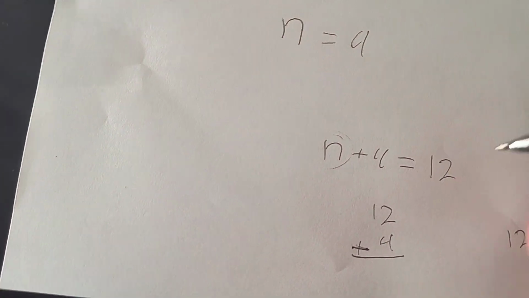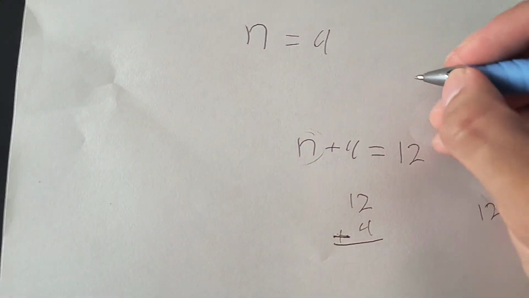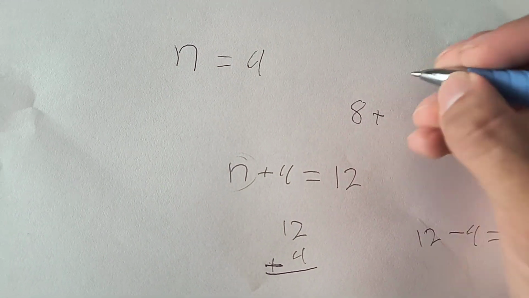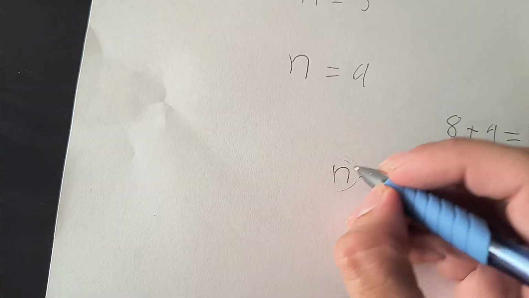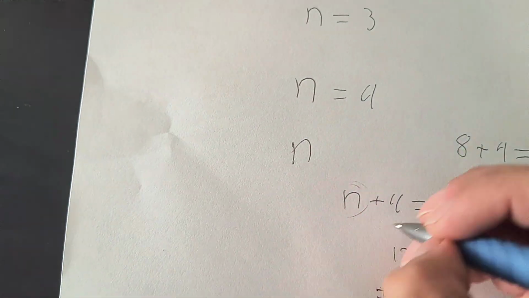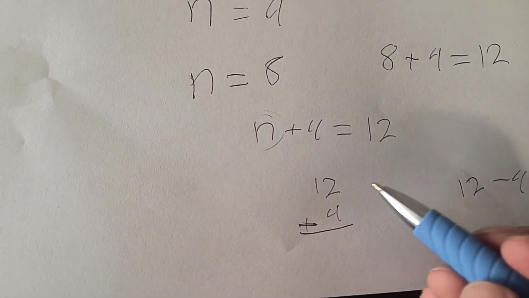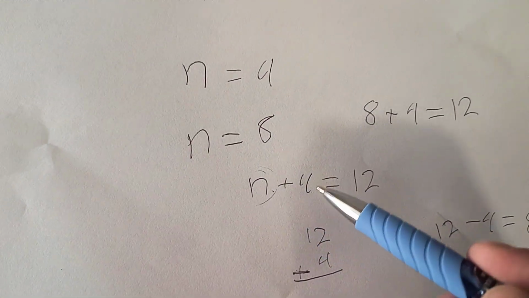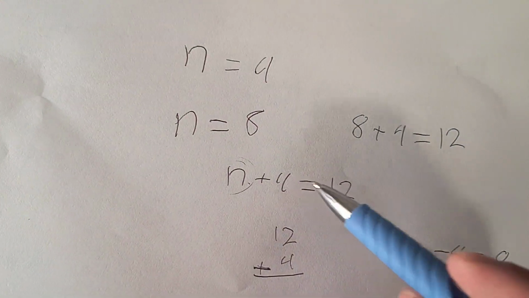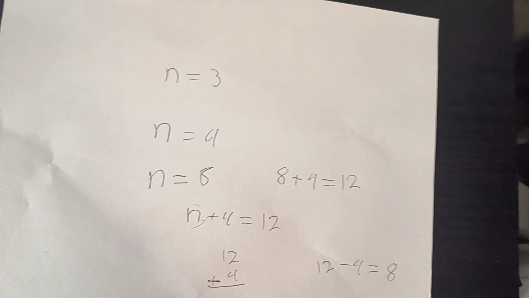Okay? 12 minus 4 equals 8, which means that 8 plus 4 is equal to 12. So now we know what n is. n would be equal, in this equation, to 8. And this makes sense. We're able to find out what n is equal to in this equation by subtracting 4 from 12, because 8 plus 4 is equal to 12.